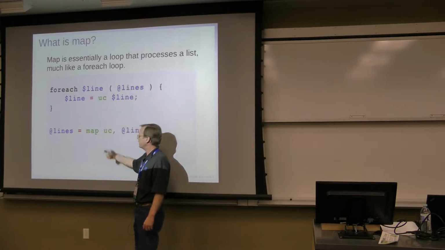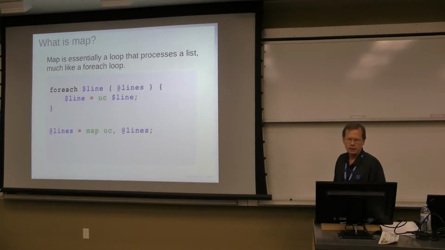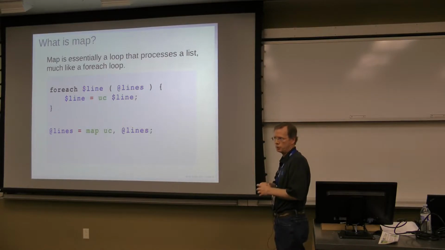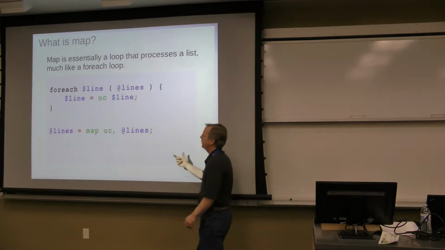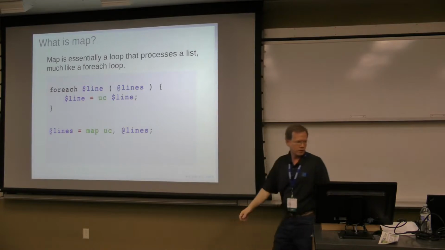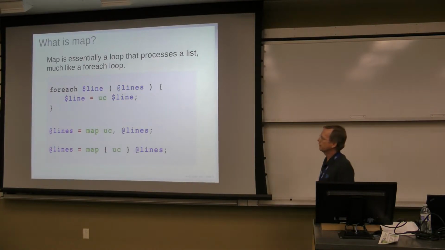Now inside that expression that you're giving to map, it uses the current element as $_. So if you take uc, if you don't give it any arguments, it will use $_ as its argument. So it'll perform an uppercase on that string and then return that into our line. So here's equivalent forms. The block form looks like this.